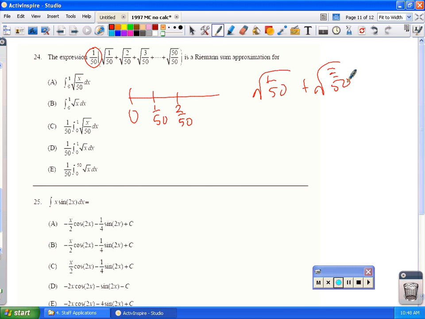So you are correct that the function is not the square root of x over 50. In fact, it is the square root of x. Since this is the last right endpoint, 50 over 50 is 1, that tells me the b value is 1 and the a value had to be 0. Thank you for not letting me go so fast that I mess up problems. Questions? Okay, stop.